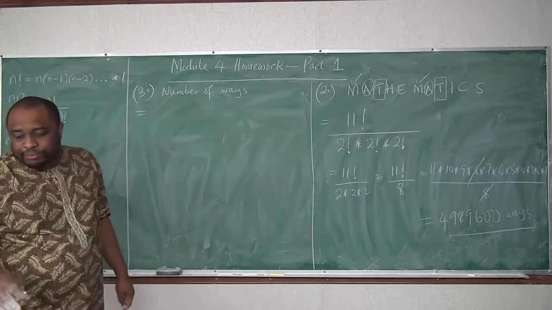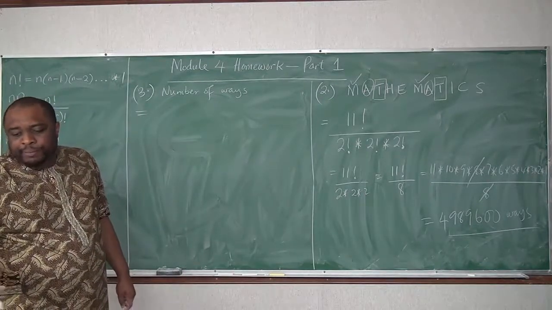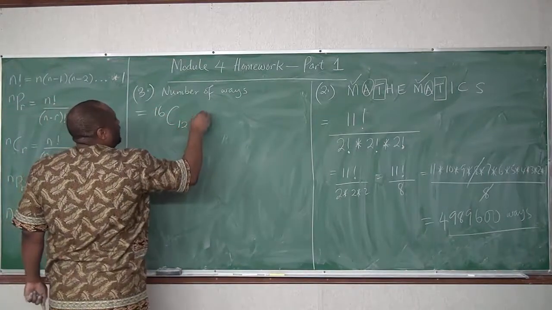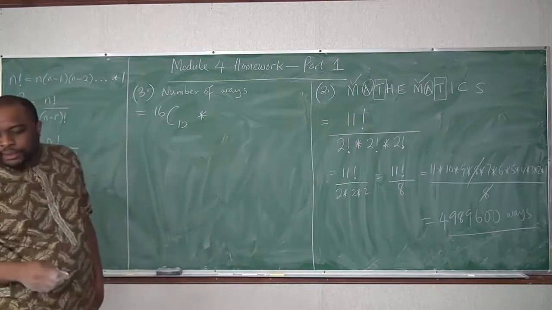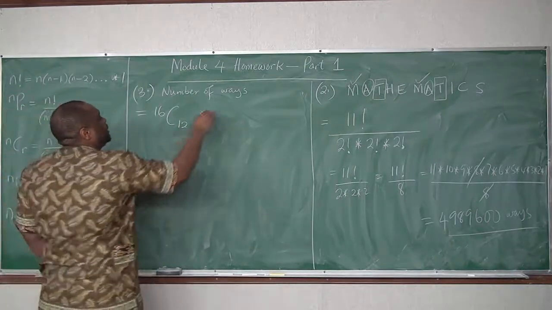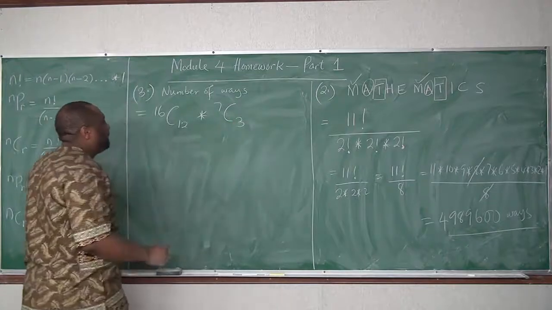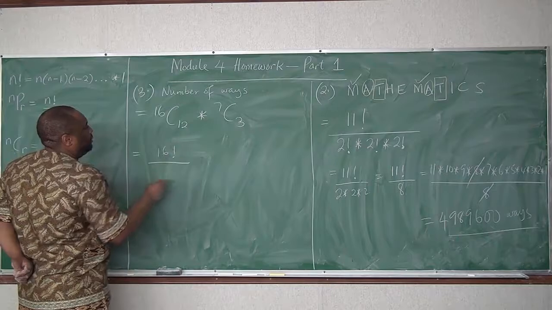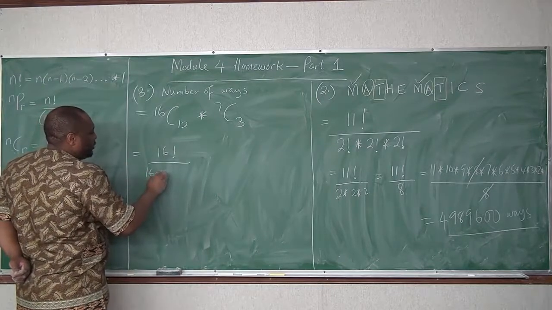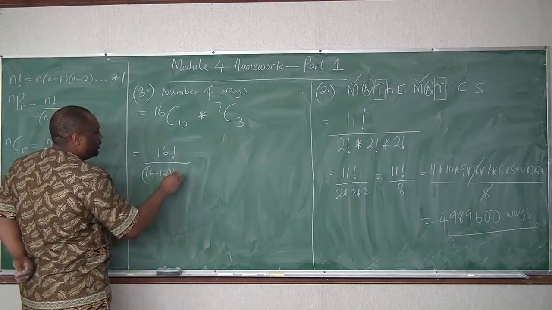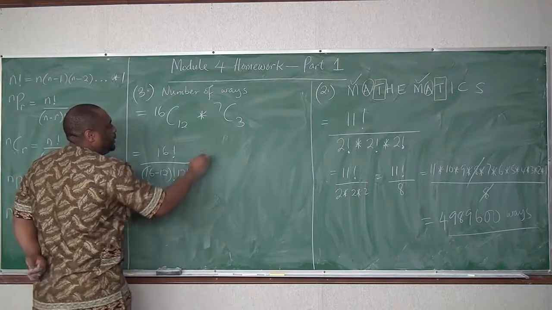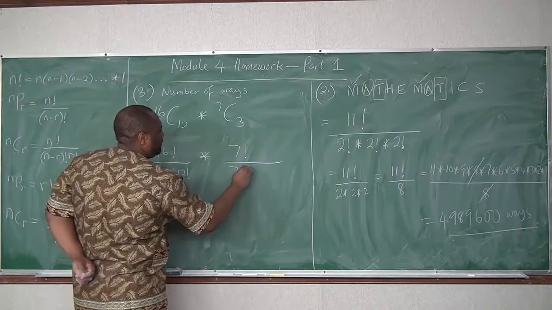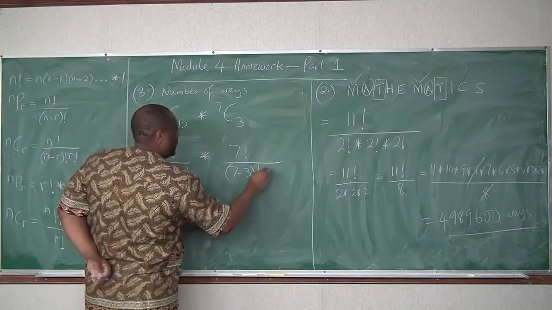So in this case, 12 Republicans from 16 Republicans will be 16 combination 12, then times 3 Democrats from 7 Democrats will be 7 combination 3. So this will give us 16 factorial all over 16 minus 12 factorial, 12 factorial, times 7 factorial all over 7 minus 3 factorial, 3 factorial.